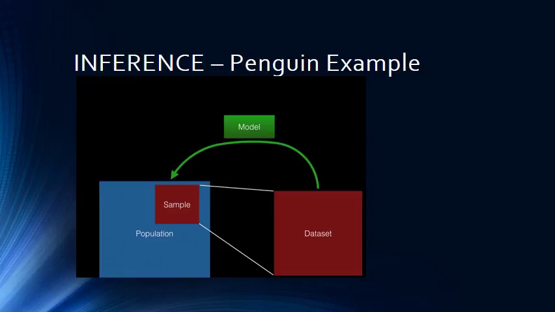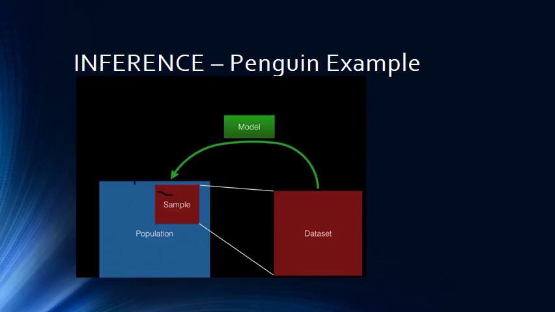So looking back at our population and our sample box, we can see our population is all the penguins that wear hats. We choose a sample, and from that we came up with relationships to make with our data set.